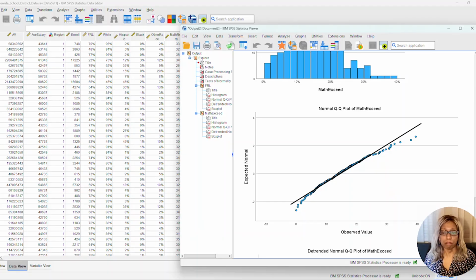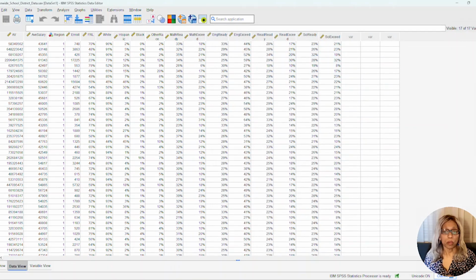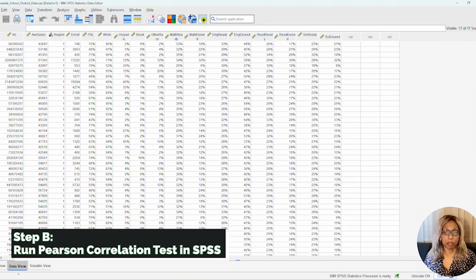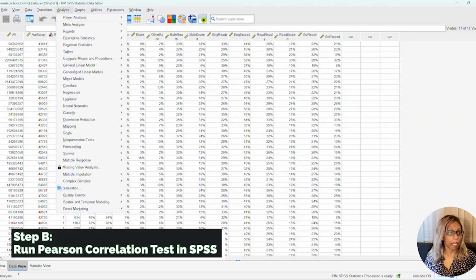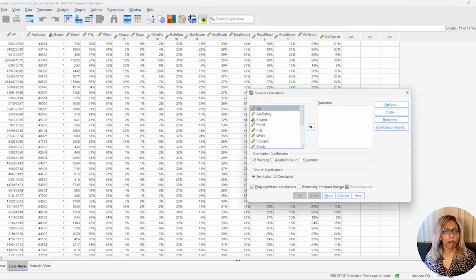So next, what we want to do, step B, is perform the correlation test in SPSS itself. So we'll go to Analyze and Correlate, Bivariate, and we will add our variables.